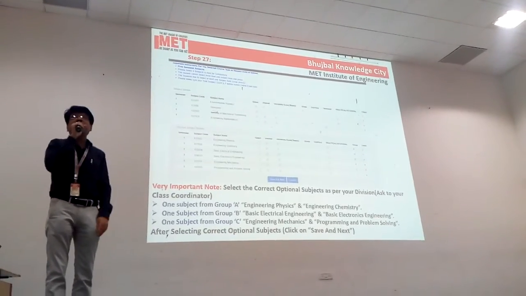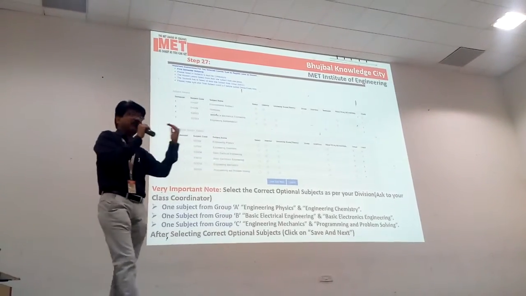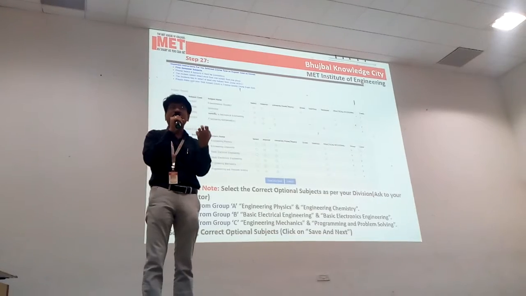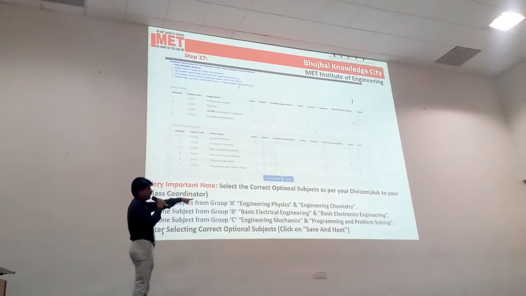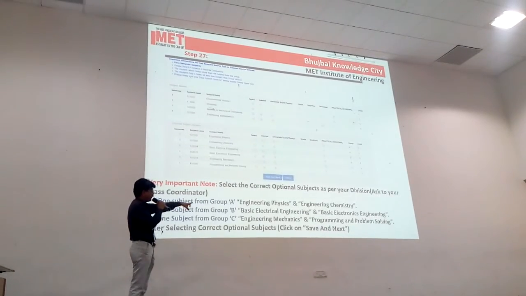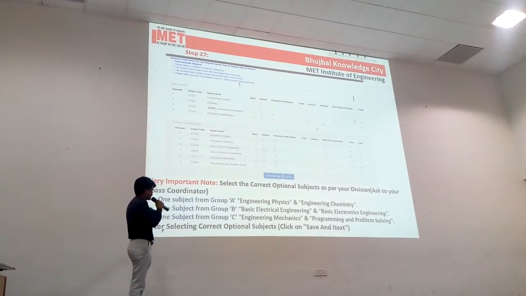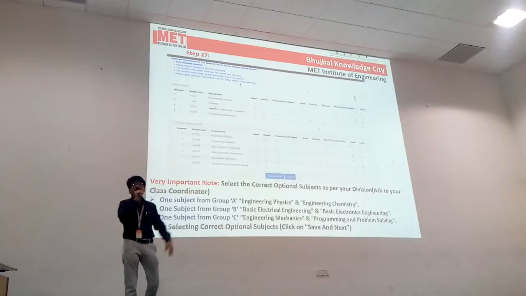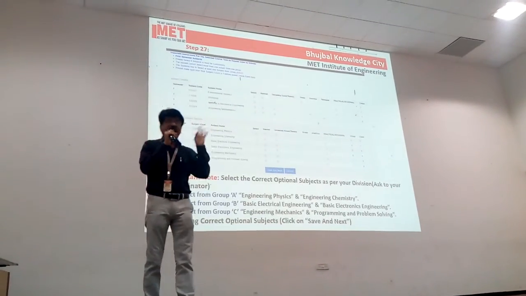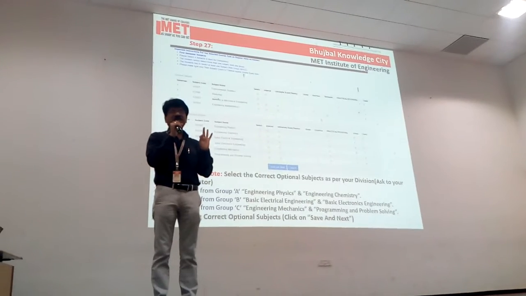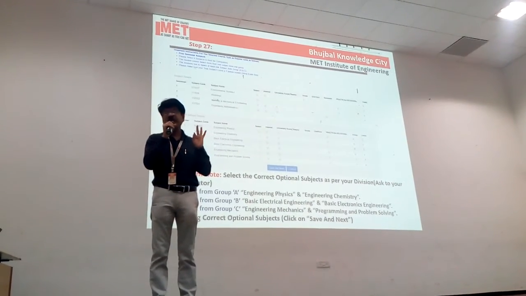The second table is important, where you are selecting whether physics or chemistry from the groups A, B and C. Group A is for physics and chemistry, group B for electrical and electronics, group C for mechanics and programming problem solving. I think for A, B, C, D, it is physics, electrical and PPS.